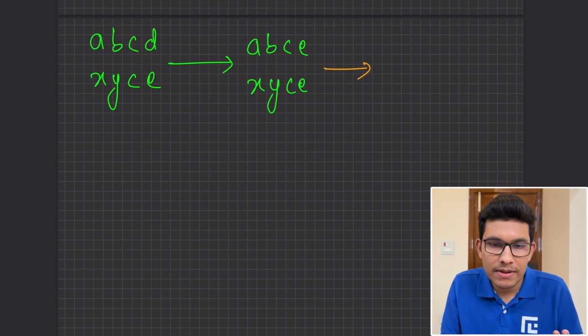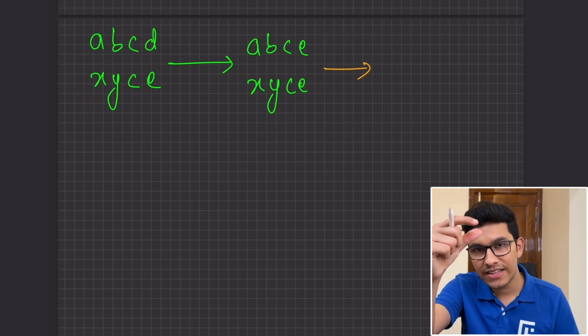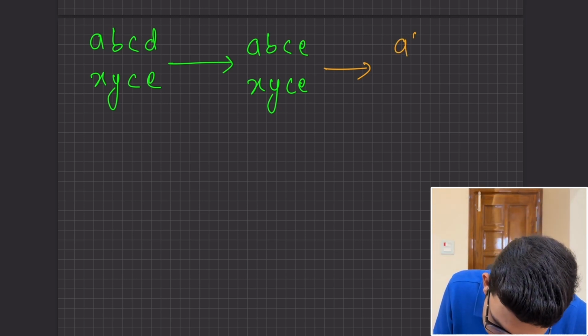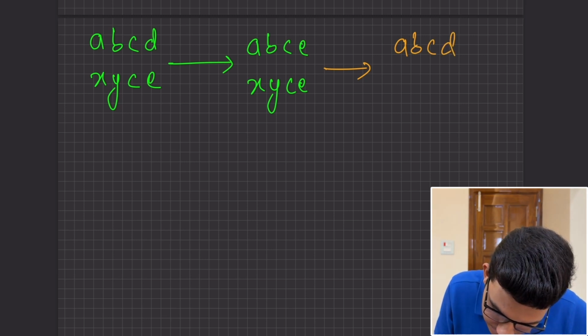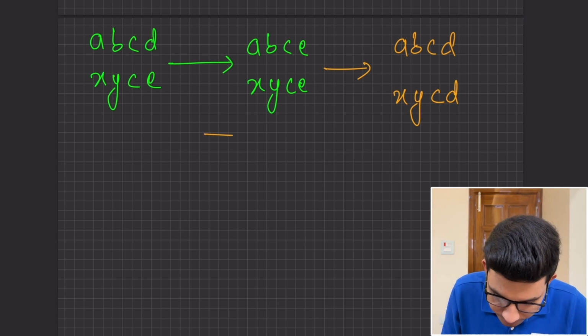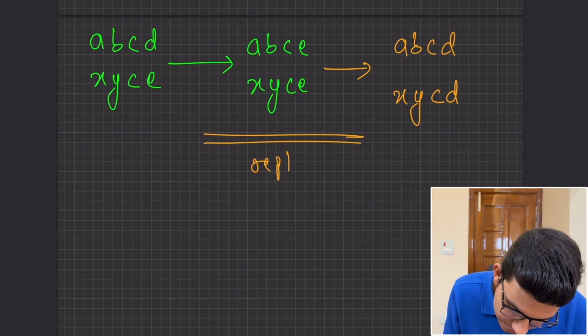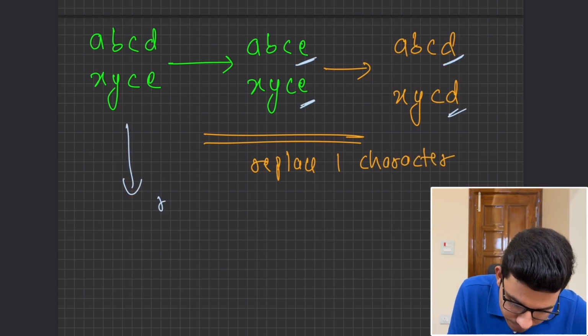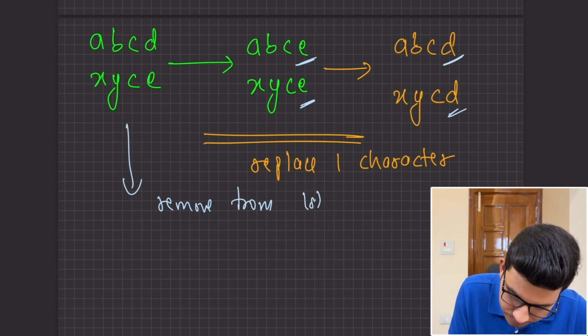Second thing that you could have done maybe is that instead of replacing the D with an E, you replace the E with a D. In this case, it would have resulted in A, B, C, D and X, Y, C, D. Yes, in both of these cases, what are we doing? In both of these cases, we are replacing one character. Second case was that you remove from first string.